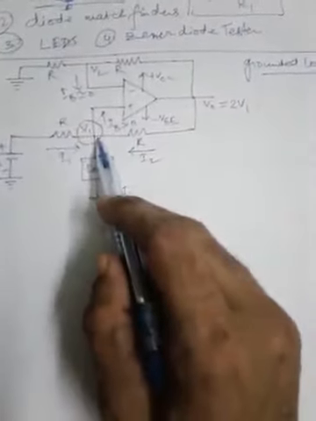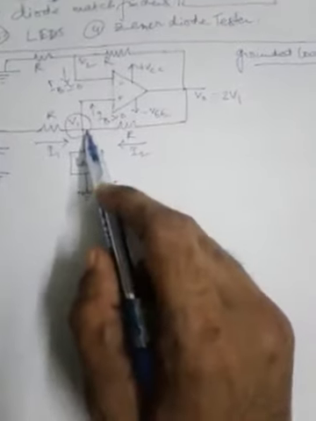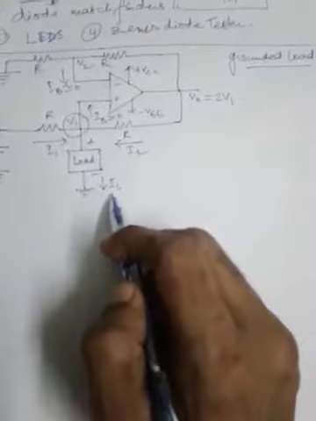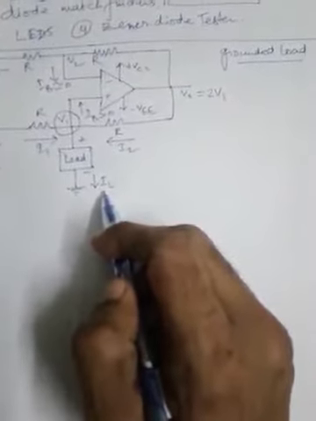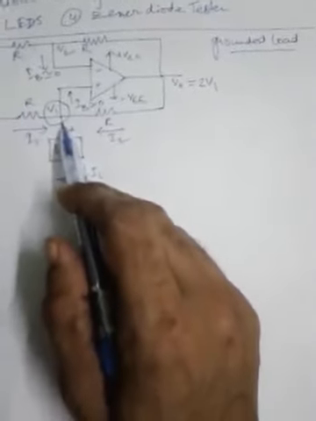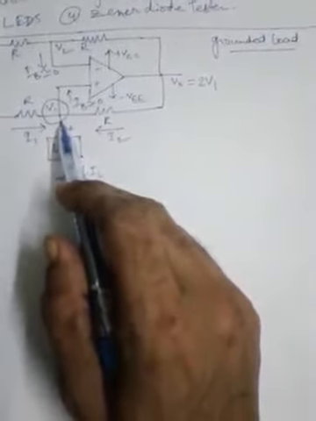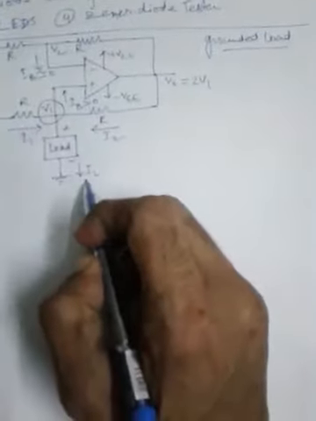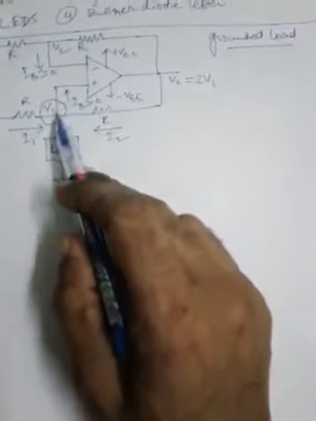As a result of that, V1 will be established at this node, and this V1 will be used to represent this IL. So with respect to V1, we will be finding the load current IL, because of V1 the current will flow through this load into the ground.